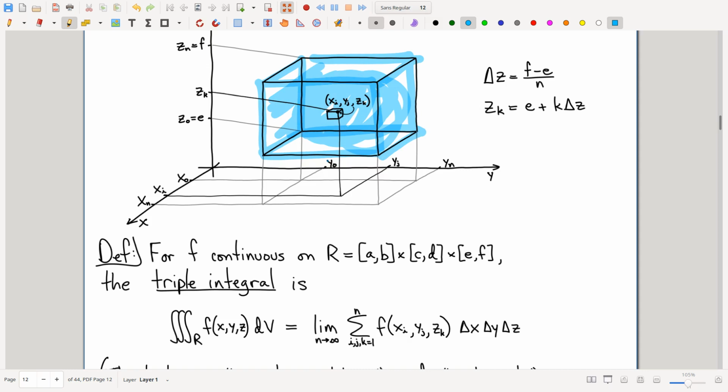And if I want to know the mass on that, or any of a number of other applications, I mean, it's not always mass, right? Maybe this is a fish tank, and there's junk floating around in the fish tank, and I want to know the grand total amount of the little particles of junk, right? If I know the concentration of junk per unit volume, then again I can chop it up into little pieces and understand the question on each individual little piece, etc.